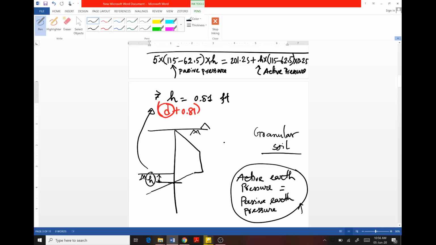Now in the conventional method, the earth pressure diagram will be somewhat like this. As I have already discussed, at this point again active earth pressure will be equal to passive earth pressure.